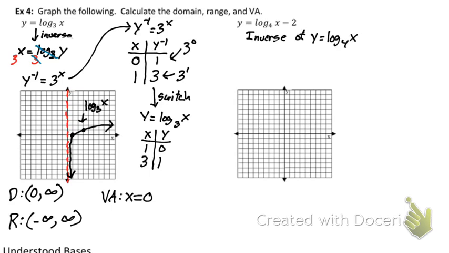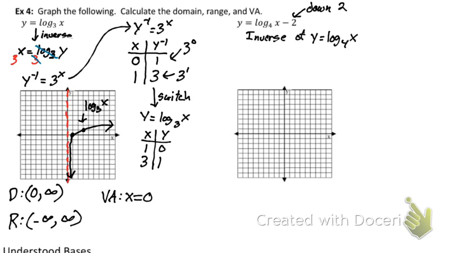We're just going to find the inverse of the parent function. You can find the inverse of the whole thing, and it'll work out just fine. It's just sometimes when you get too complicated, it's hard to find inverses. So I'm just going to find the inverse of the parent function. And once I get my endpoints, I'm going to make sure to go down 2. So I'll use this to get my points, plot them, and then just go down 2.